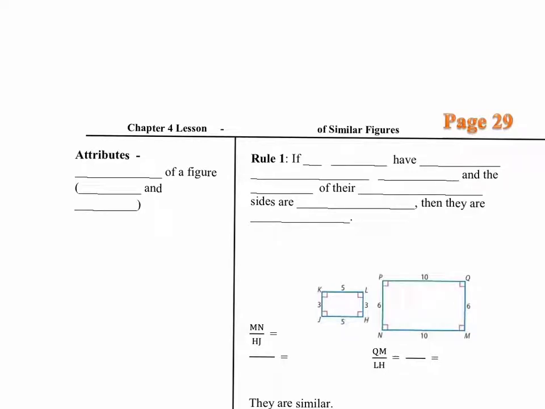Chapter 4, Lesson 2 is on attributes of similar figures.